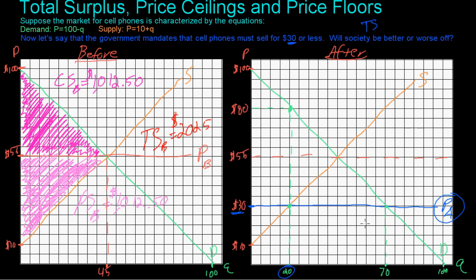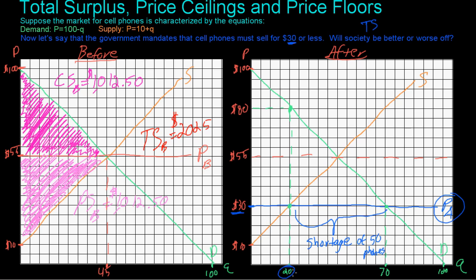But 70 people will want cell phones. So we will have a shortage, which is what we would expect with a price ceiling, a shortage of 50 phones, which is just the difference between 70 and 20.